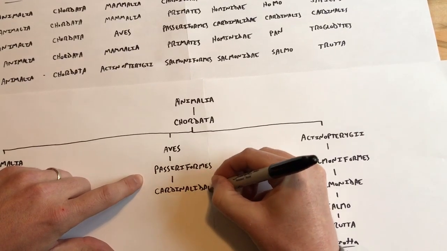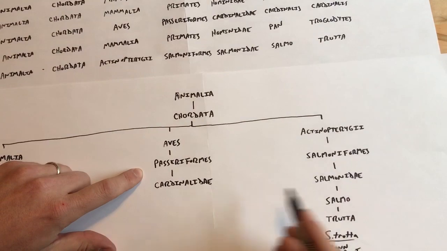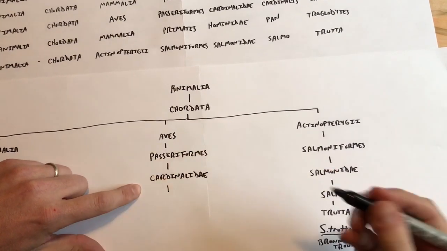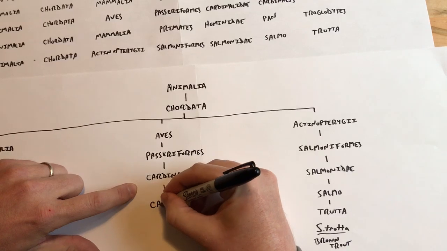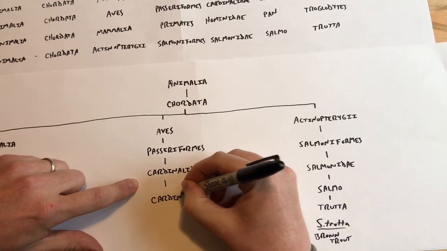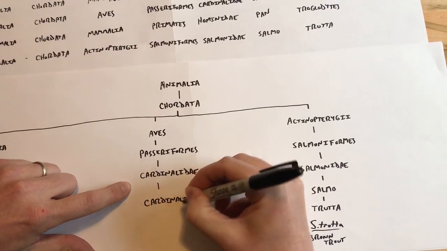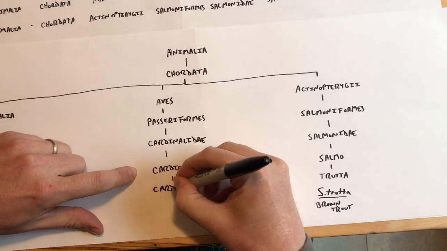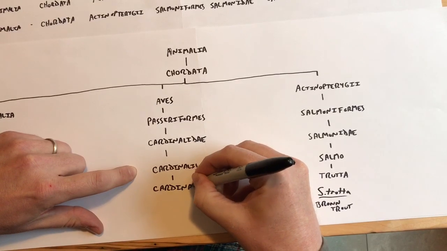And again, all family names end in IDAE. You saw that over here also. The genus name was Cardinalis. And the species name was cardinalis.